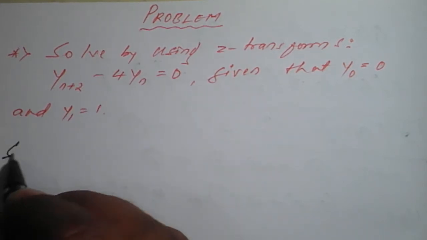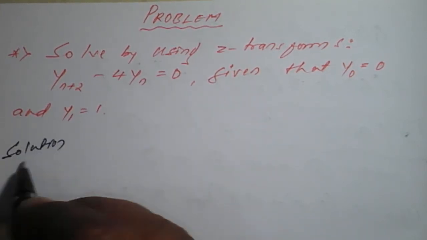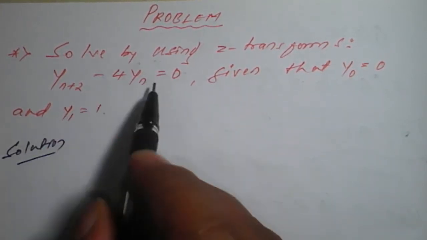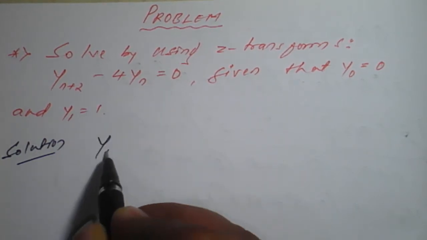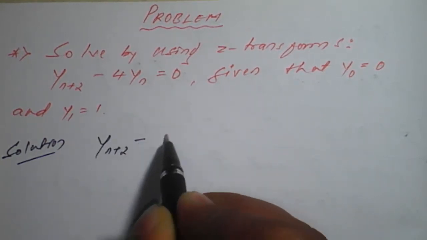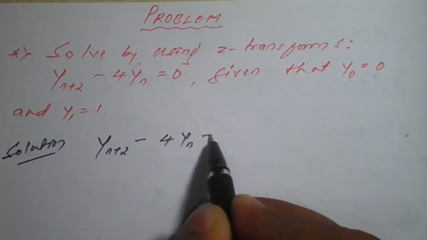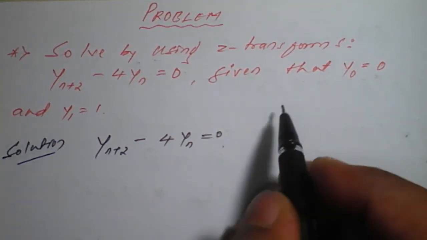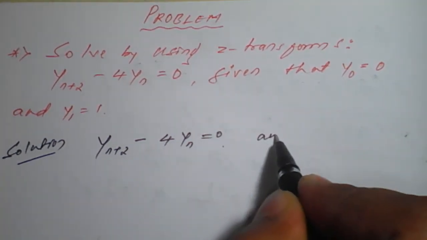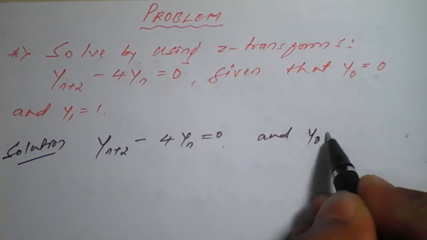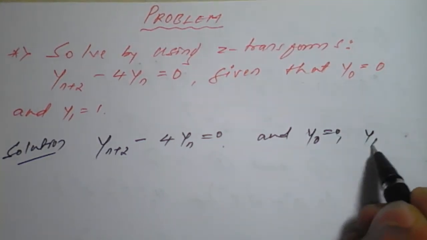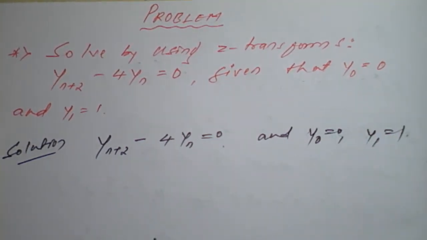So solution, just concentrate. The given equation is y of n plus 2 minus 4 times y n equal to 0, and they have given the condition also. The condition is y0 is equal to 0 and y1 is equal to 1. Fine.